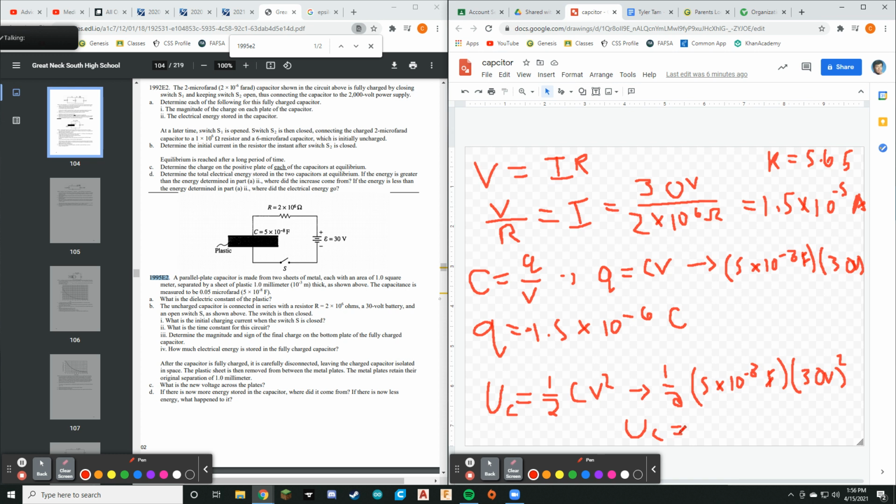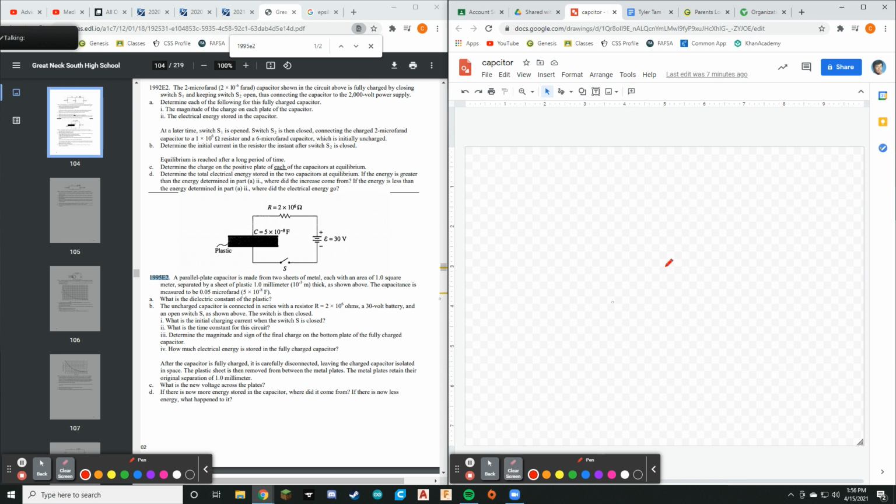And we'll get that the energy stored is equal to 2.25 times 10 to the negative 5th joules. Then I gotta clear my screen again. I'll keep my dielectric constant up here.